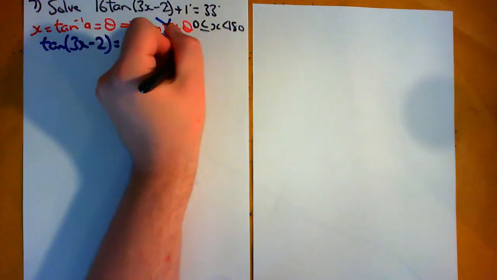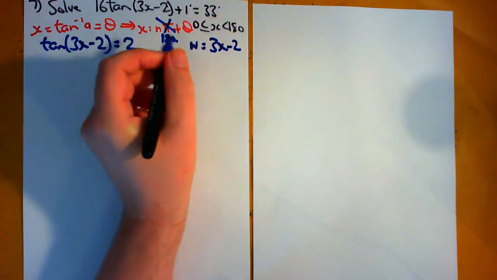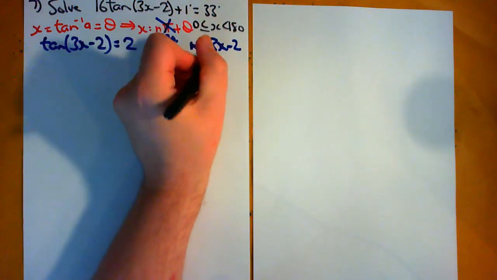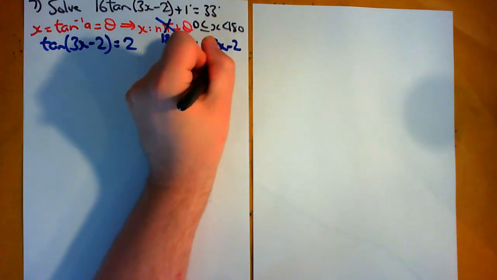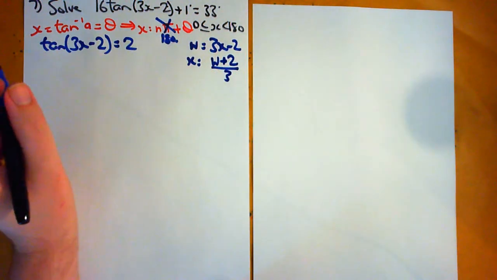Okay, so what's our W? W is the bracket, which is 3x - 2, and if we solve that for x, we add 2 to both sides. That's W + 2 = 3x, so divide by 3.